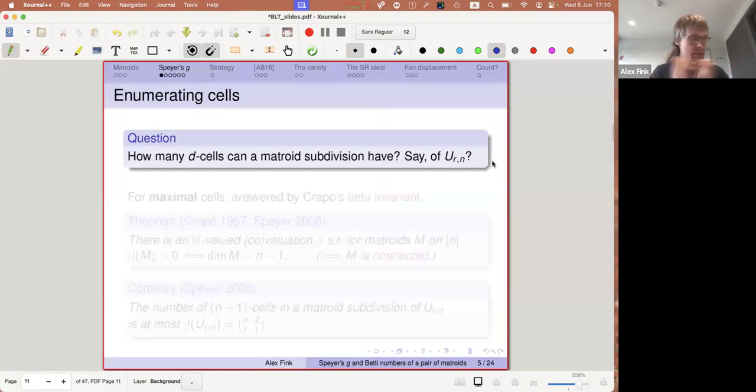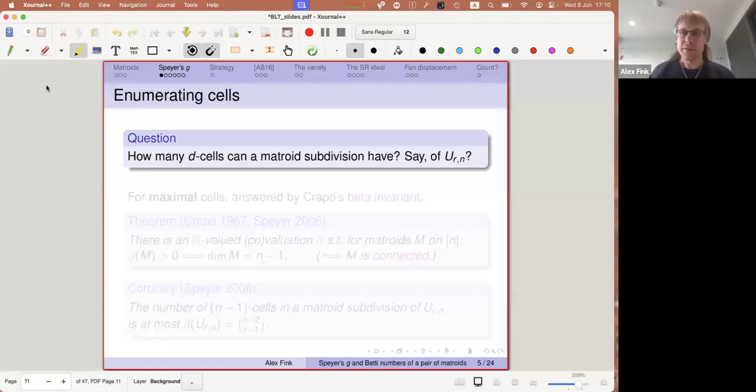Okay. So the question that led David to introduce his g-invariant, which is the polynomial invariant of a matroid that's the subject of this talk, is to bound the number of cells you can have in a matroid subdivision in the f-vector way, where you care about how many cells of each dimension there are.